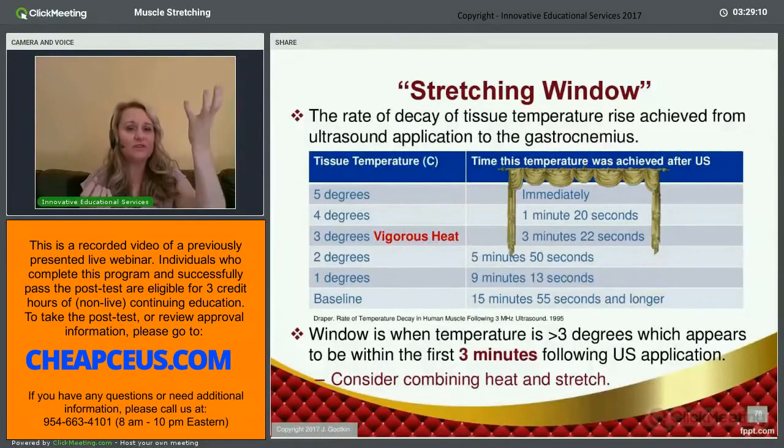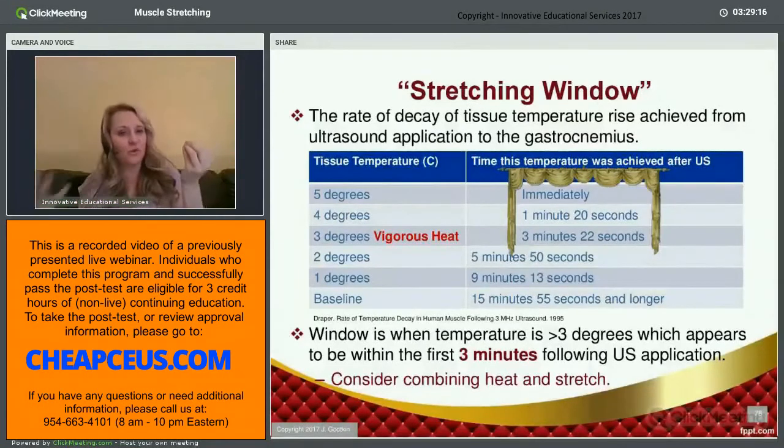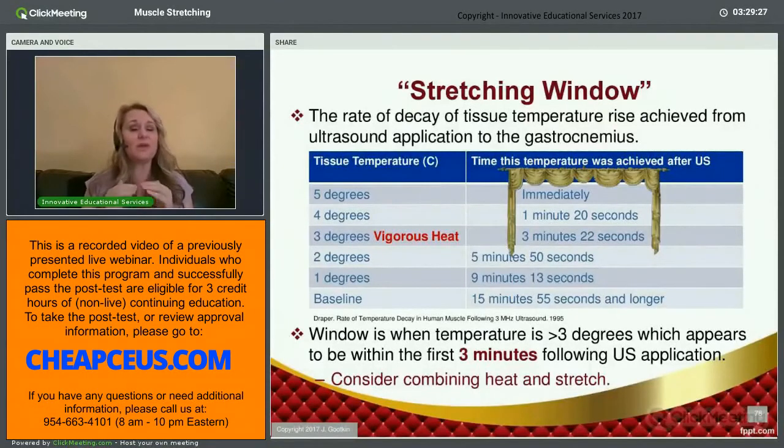So Draper said, well, how long do we have? Okay, you get this 3 or 5 degree tissue temperature rise. How long does that last before it starts to dissipate? Because we need to get our stretch in that window when we're up 3 degrees and above. And what they found is that the first 3 minutes after heating is when the tissue stays above that 3 to 5 degrees.